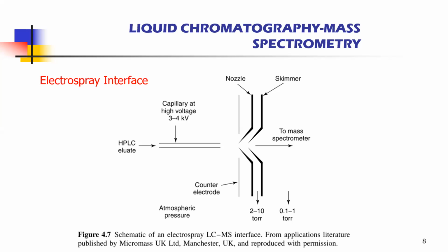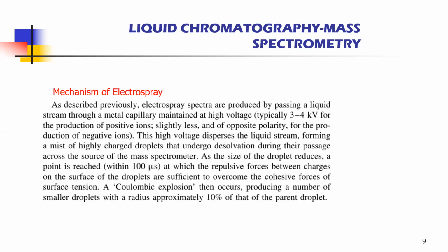We maintain a pressure of around 2 to 10 torr, and at the mass spectrometer we have a vacuum of around 0.1 to 1 torr. The column effluent coming out from the HPLC as eluate will be skimmed by the skimmer in the form of droplets, and those droplets will be in charged form. So these are the components of the electrospray interface system. Now let us talk about its mechanism.